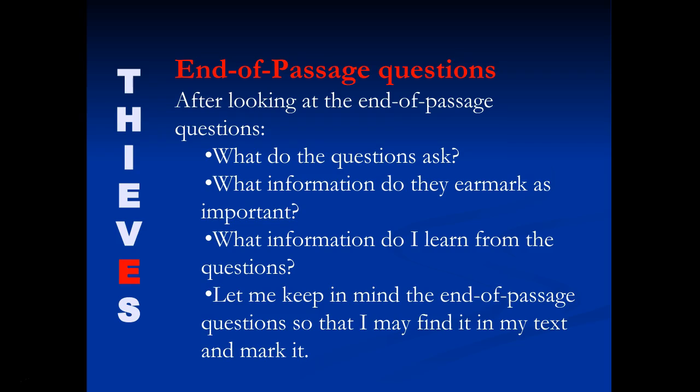What information are they kind of earmarking or pointing out that's important? What information can you as the reader learn from the questions themselves? And then you also need to remember that after looking at those questions, you need to keep them in mind so you can identify where the answers fall in the text and you can mark it, come back to it later.